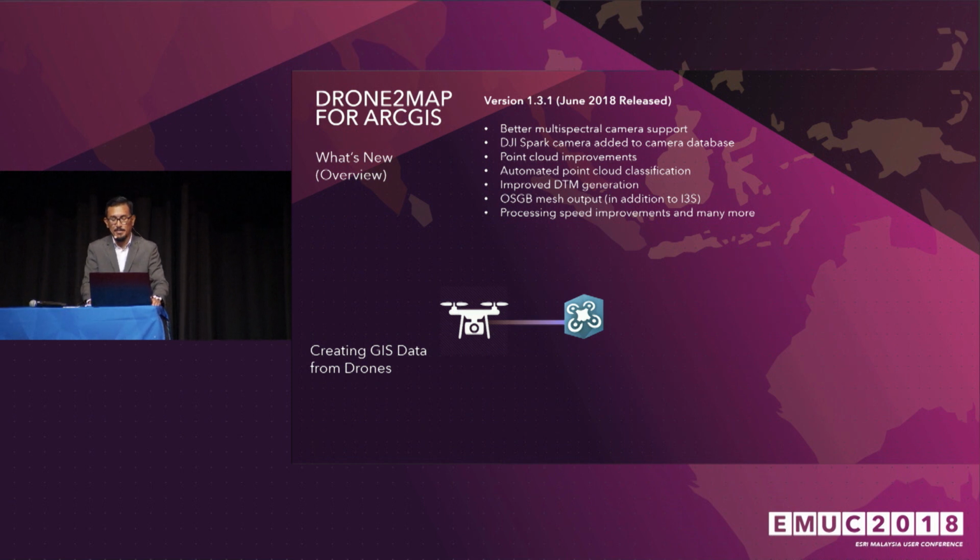Actually, the benefit of Drone2Map is that it is not associated with the drone platform. Any kind of imagery can be processed by Drone2Map if your imagery has the XYZ associated with it. And it is an added advantage if your imagery also has the omega phi kappa.